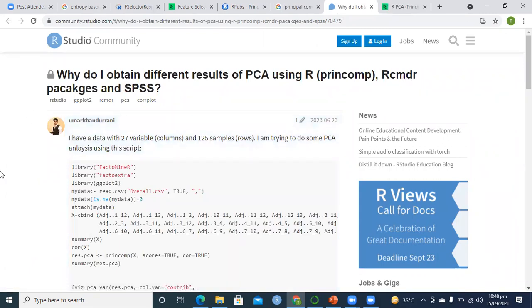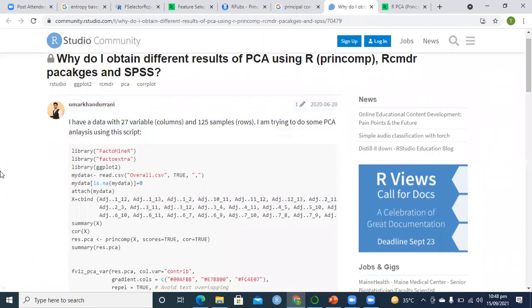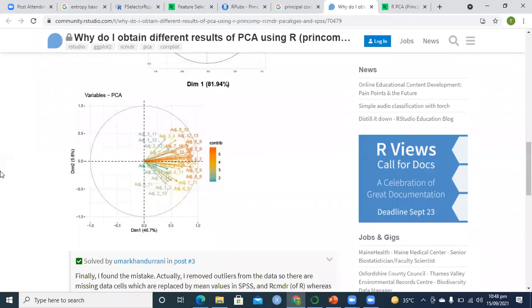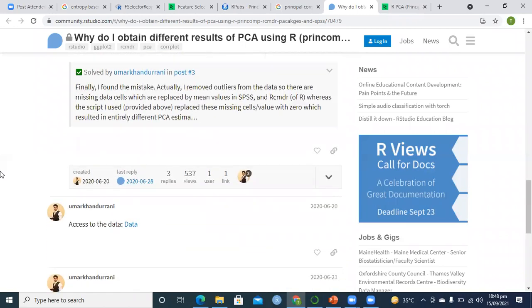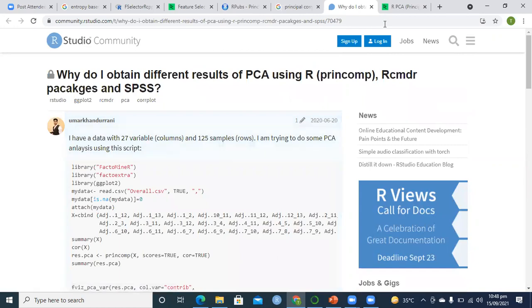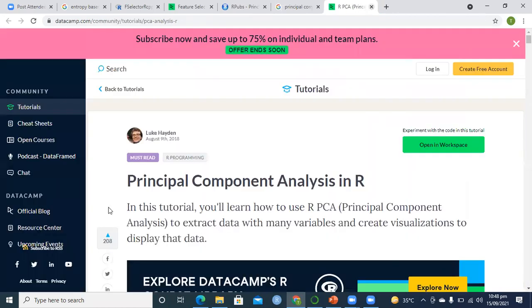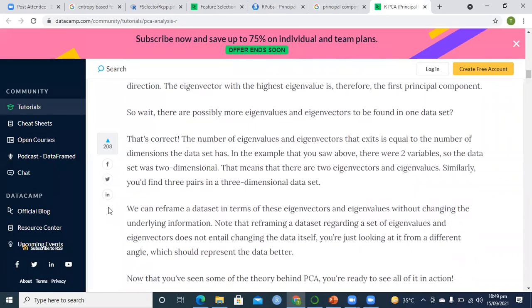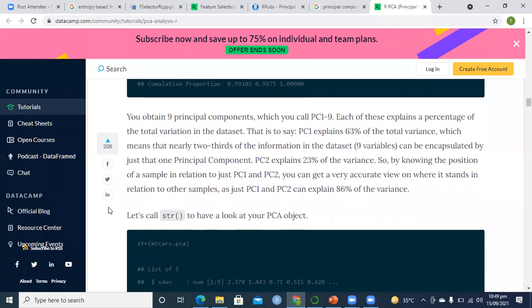You see, SPSS will provide different results compared to R. Because SPSS is from the IBM company, you will have a reliable result. But if you are using R, maybe it is not as reliable as SPSS. There are many people writing blogs about principal component in R. You can also write your blog and give good quality content to people.